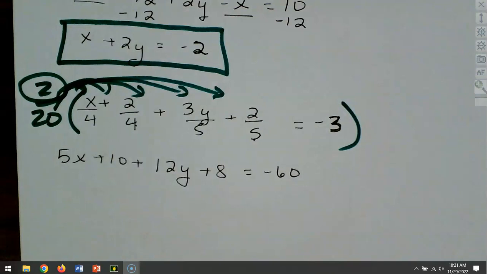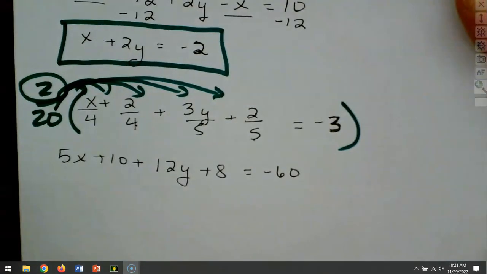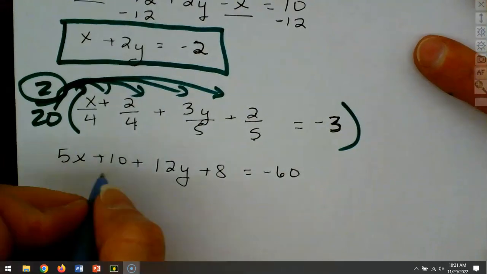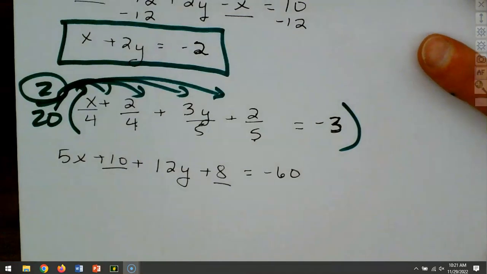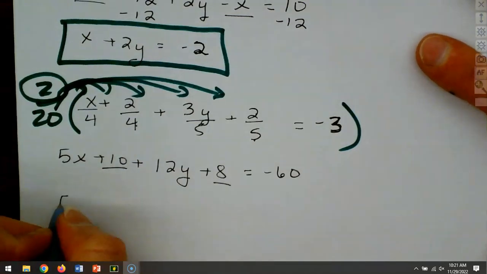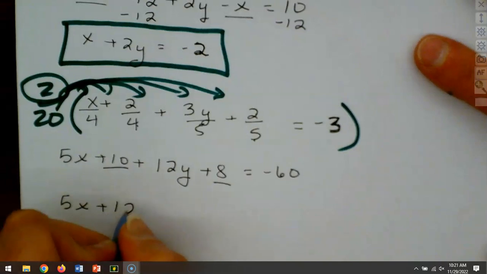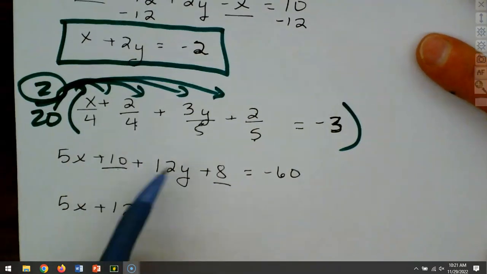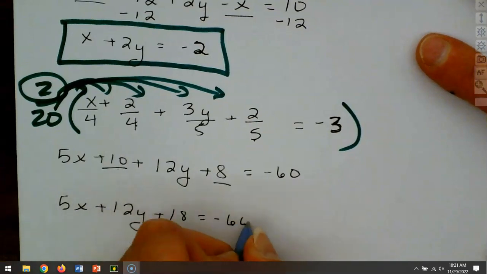Now we can combine and see what we're left with. So we're going to go ahead and put the 10 and the 8 together. And so we have 5x plus 12y. 10 and 8 makes it an 18, and that equals a negative 60.